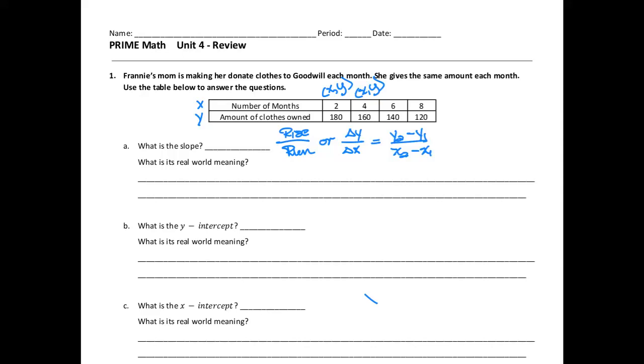So let's say I'm looking at these two right here: 160 minus 140, all divided by 4 minus 6. Okay, so 160 minus 140 is 20, and 4 minus 6 is negative 2. That means my slope here is negative 10.